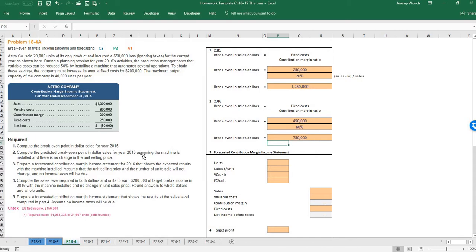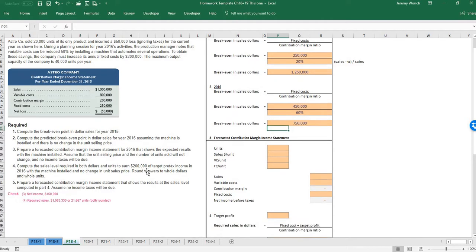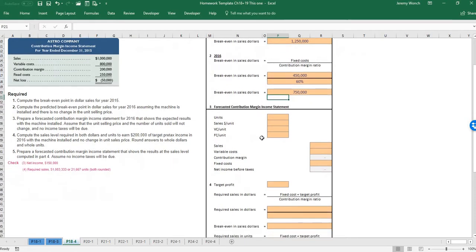So part 3 says prepare a forecasted contribution margin income statement for 2016 that shows the expected results with the machine installed, assuming that the unit selling price and the number of units sold will not change, and don't worry about taxes. So okay, we're going to assume the same amount of sales, so that's 20,000.